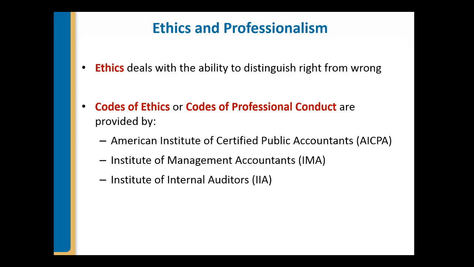The AICPA, the National Organization of Certified Public Accountants, has its own code of professional conduct that prescribes the ethics that members should conduct. And the Institute of Management Accountants, the IMA, which is the National Organization of Accountants Working in Industry and Government, has its own code of ethics, as does the Institute of Internal Auditors.